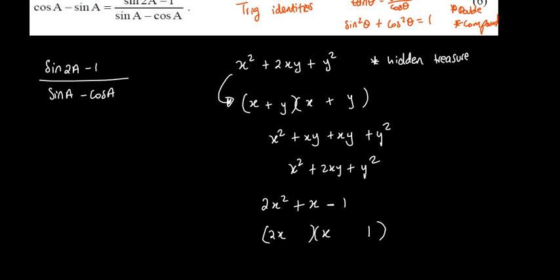So 2 times 1 should be positive, so that when you say minus 1, you get positive 1. 2 times 1 is 2, and then minus 1 is 1, which is the middle term. That's what you're going to look out for. So this is also another hidden treasure, meaning it's a tool you need to use, but they don't really give it out to you straightforward.